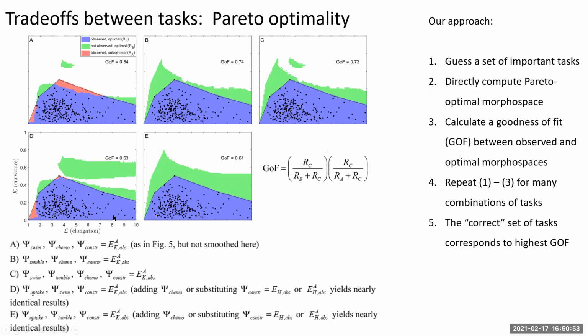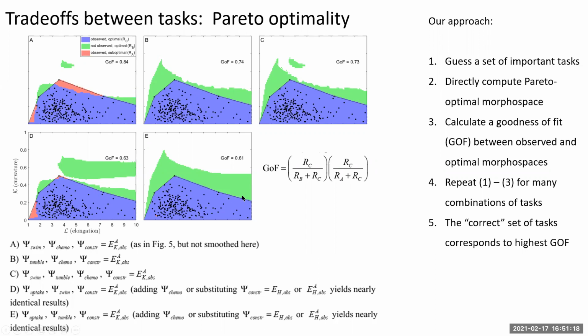We had to take at least 3 at once, because if you just have 2 of these tasks trading off, you can only get a one-dimensional curve of optimal shapes between them. And we know our complete set of data points spans this large 2-dimensional region. So we took at least 3 tasks at once, and we went up to all of the tasks combined, I think up to 5 or 6 tasks. We said, well, maybe they're all important.